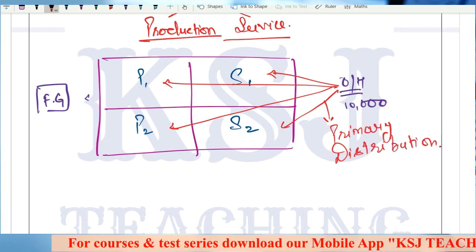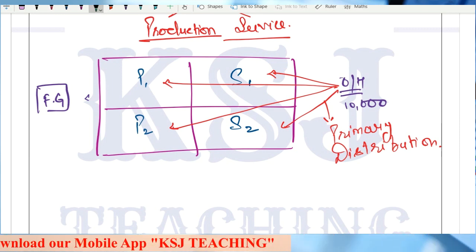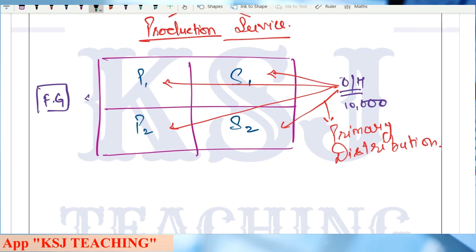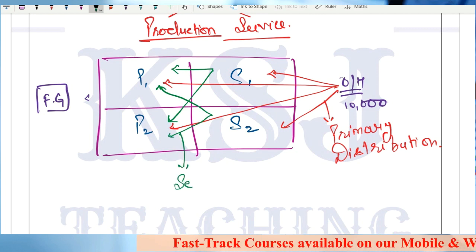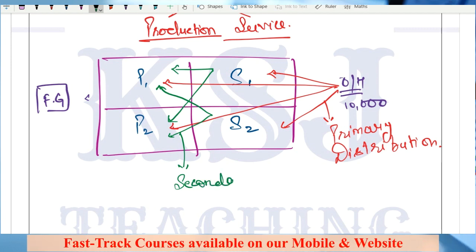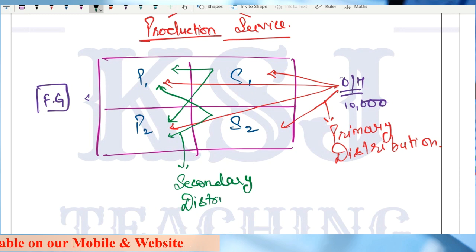Then what is the next step, sir? The next step is distribution of service department cost to production department, and this is known as secondary distribution.